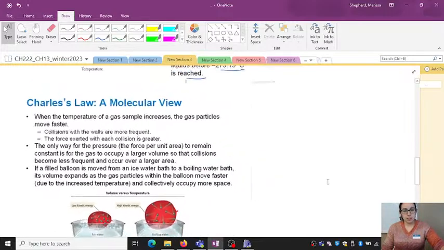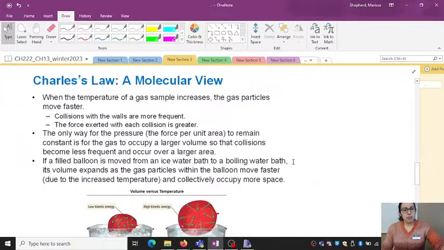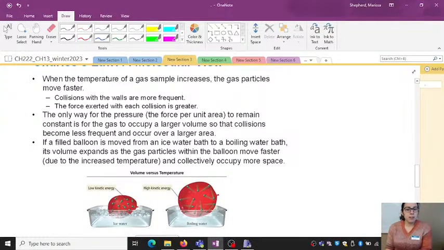So let's look at this with a bit more extreme. When the temperature of the gas increases, the gas particles move faster, so collisions are more frequent. If there's more force exerted, then the only way for the pressure to remain the same is for the gas to occupy a larger volume.